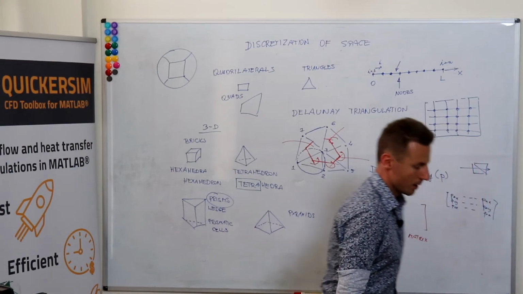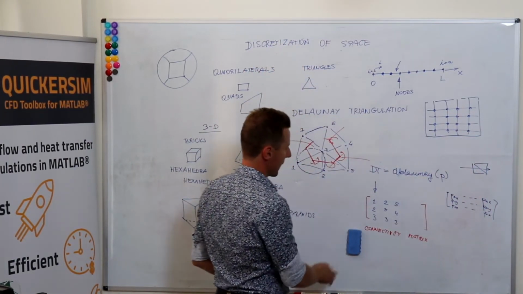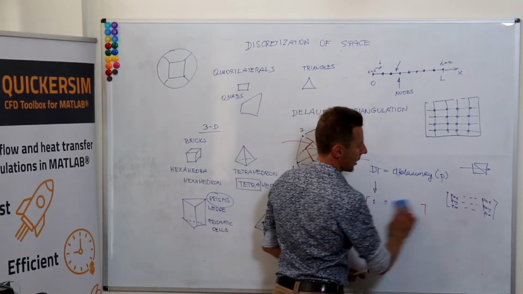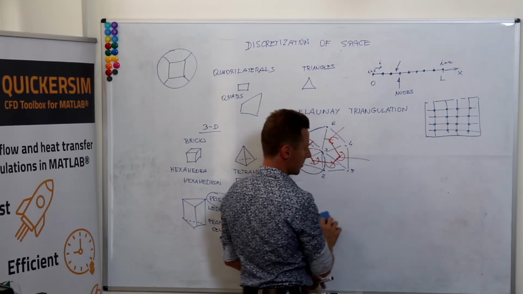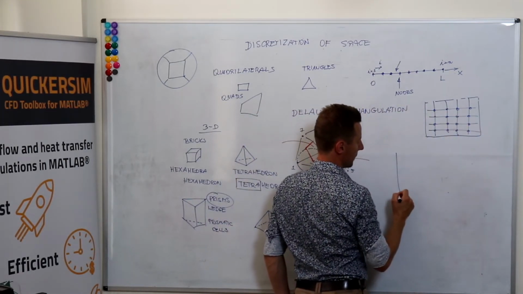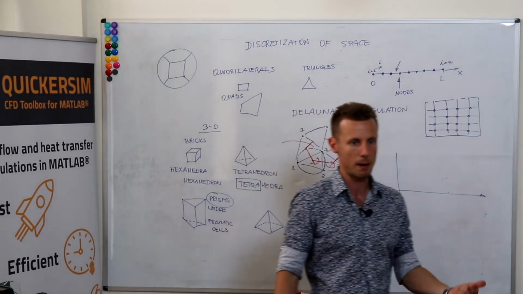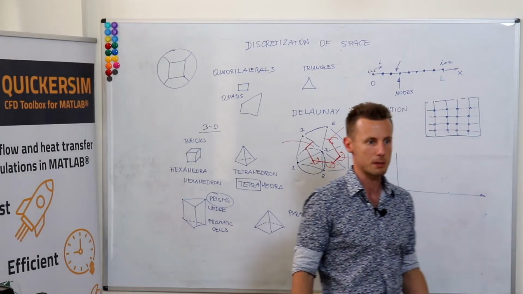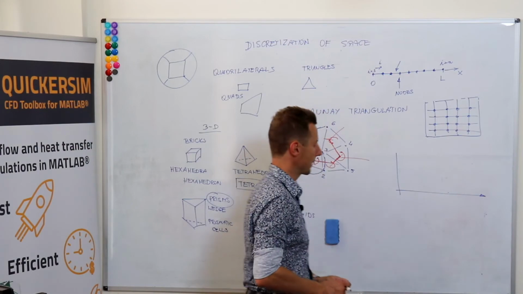That's good. Then we talked about discretization of space. Let's close this topic with discretization of time. There is not much to say after we have described discretization of space. If you have an initial and boundary value problem, this means that you need to solve something in space and with respect to time.